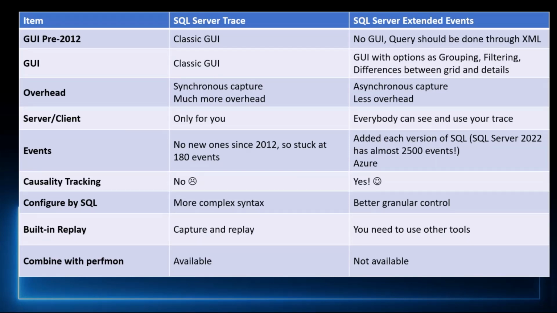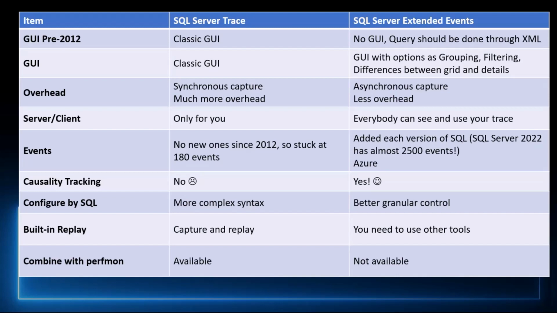But since there is a GUI for extended events, you have lots of cool options like grouping, filtering, etc. And you can see differences in your grid and details. You can add columns when you need them, but you can hide them when you don't want them, etc. On the profiler, that option isn't there.